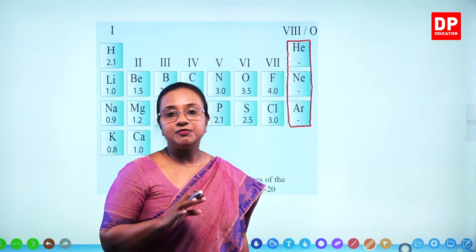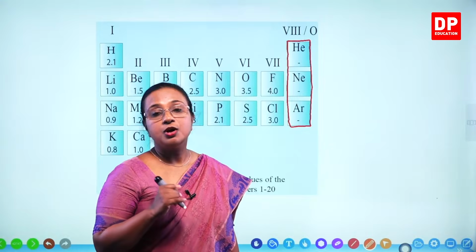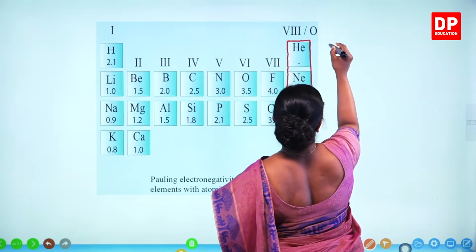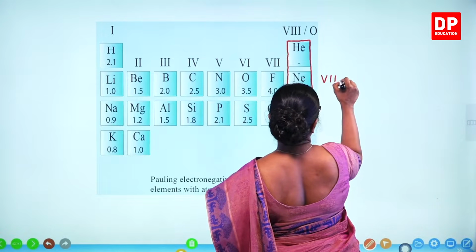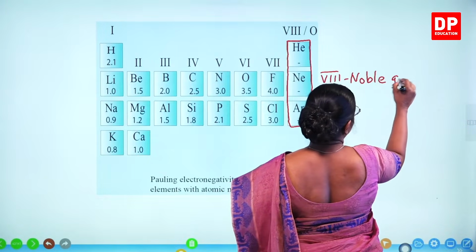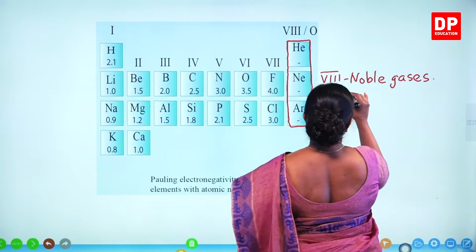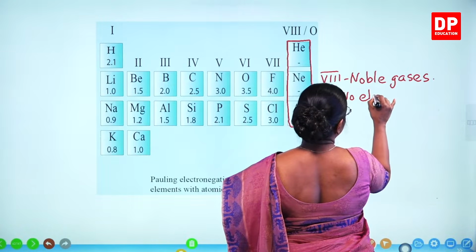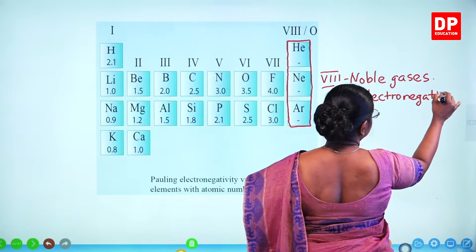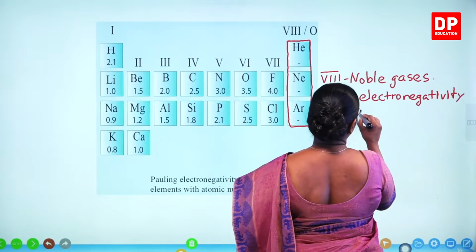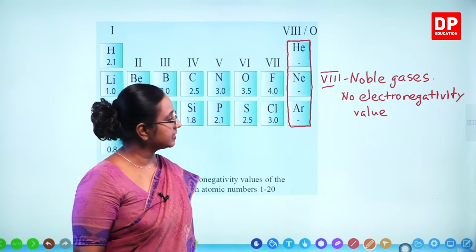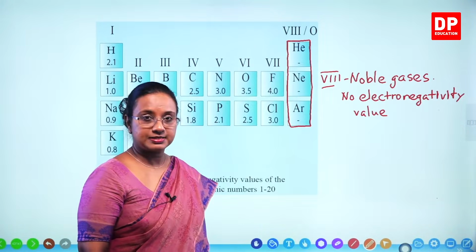So, electronegativity values are not assigned to group 8 or group 0 elements, because they are all noble gases. Therefore, there is no electronegativity value assigned to noble gases.